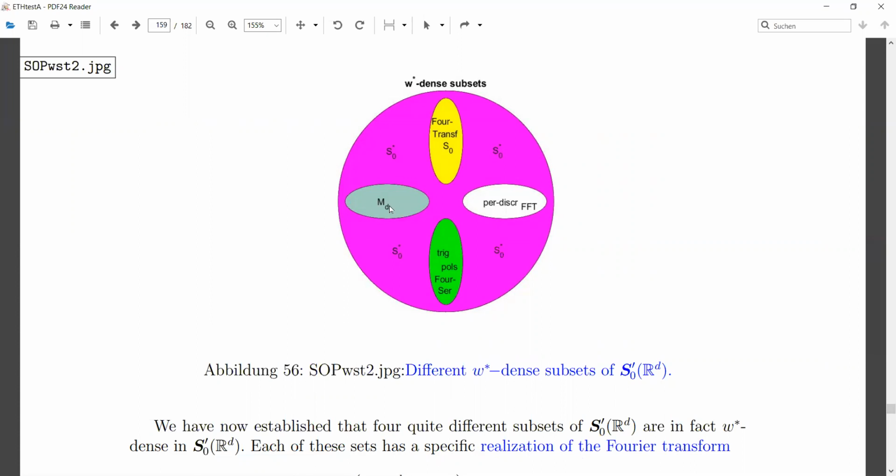Now, we have also seen that the Fourier transform of a discrete measure is a pure frequency. So you get the trigonometric polynomials, and I was trying to do it in this way that if you take a Fourier transform, you rotate by 90 degrees, but that's only here. So trigonometric polynomials are also in this space. But on the other hand, if you give me a trigonometric polynomial, I can go back and you get the discrete measure.